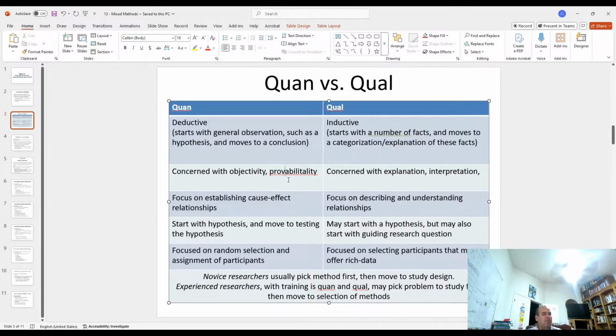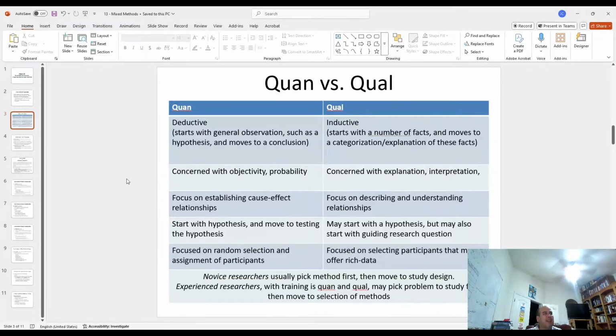You're concerned with objectivity and probability. Okay, you're focused on establishing cause-effect relationships, how one thing can cause another. You start with a hypothesis and you move to testing that hypothesis.